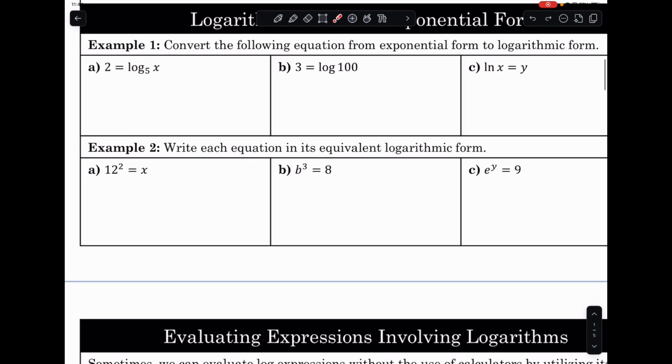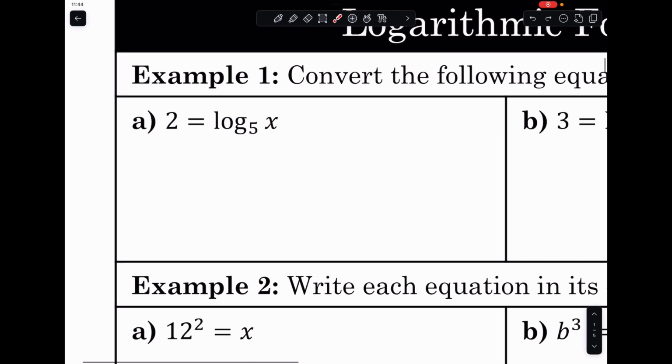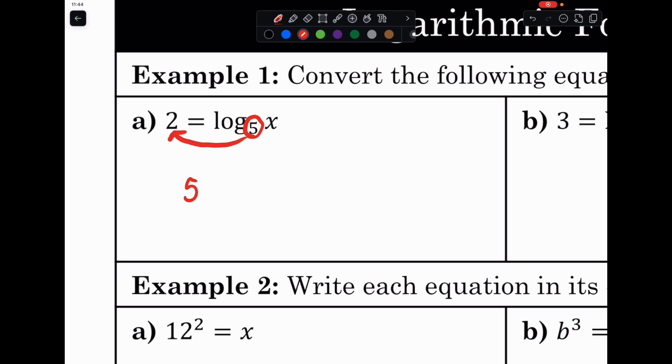So let's look at this first example right here, okay? To write this example into its exponential equivalent form, we begin by looking at the base. Well, the base of our log is 5. So what we're going to do to this 5 is raise it to the value that the entire log equals, okay? So this entire thing equals 2.